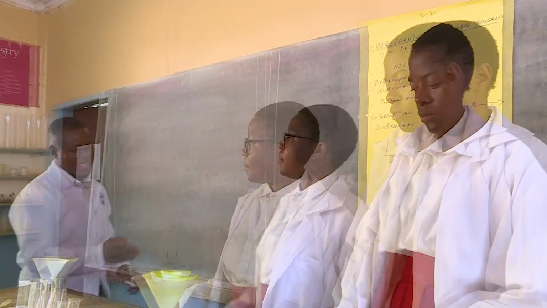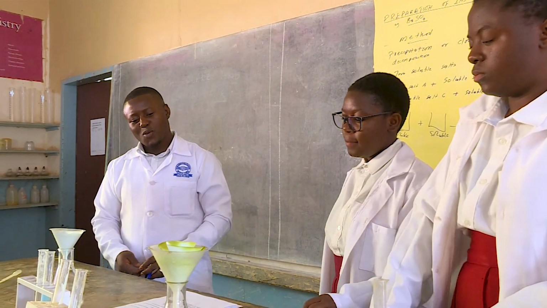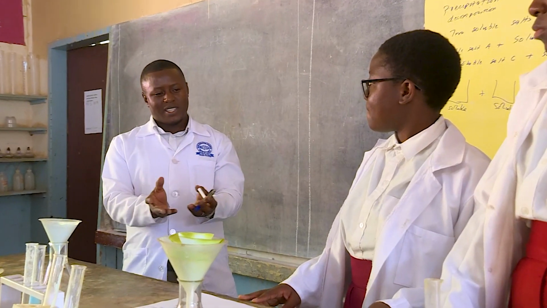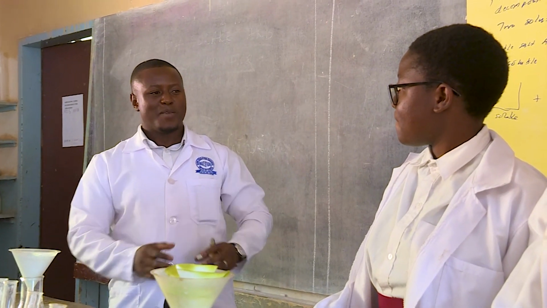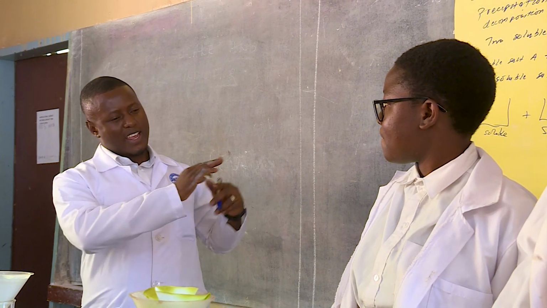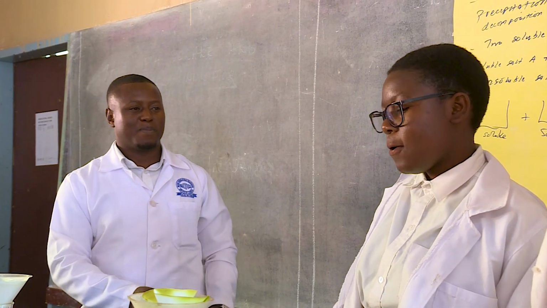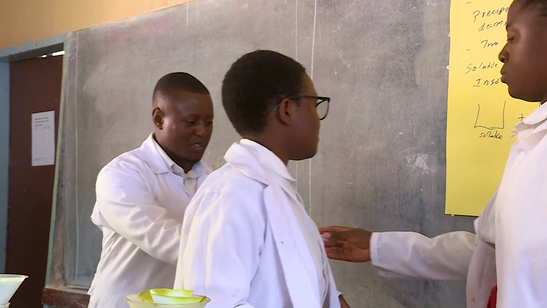My question to you would be, try to summarize the entire reaction by way of writing a chemical equation to show what you are doing. So here's a piece of chalk.